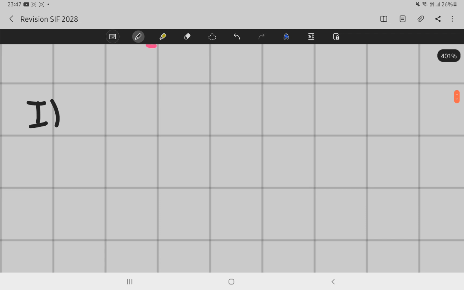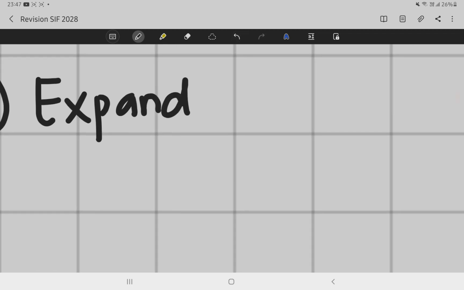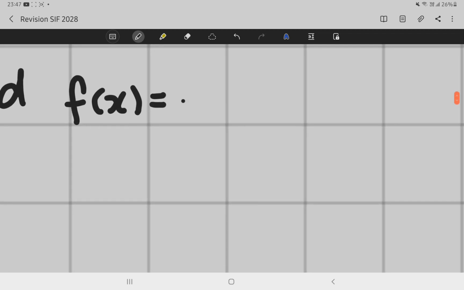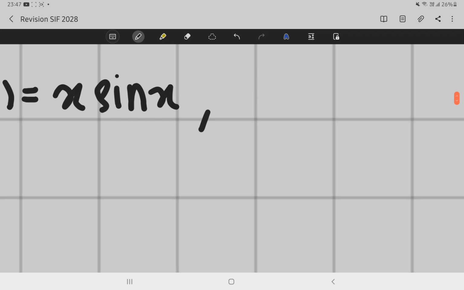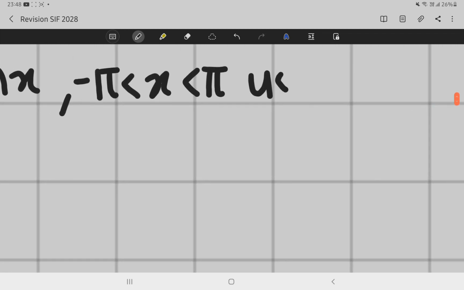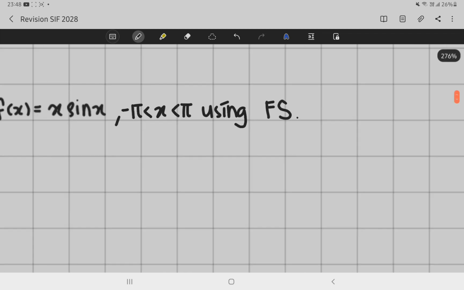This would be the first question: expand f of x equal to x sine of x, with the range interval from minus pi to pi, using Fourier series.